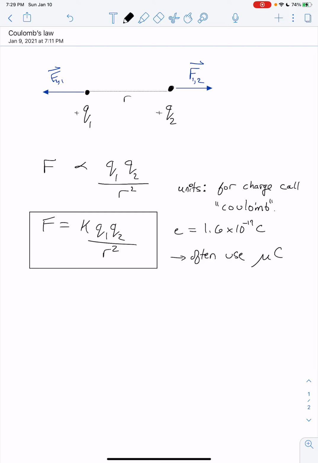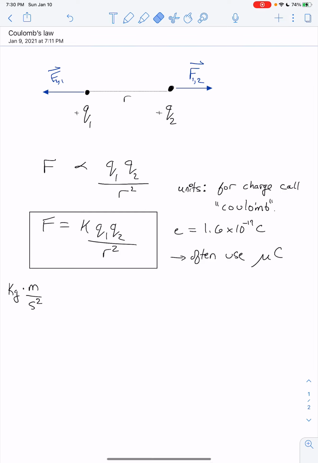Now, units in terms of this constant: we've got standard units for force and for distance, and we can define this one for coulombs, for charge. But what units do we need in that constant value? We know force is equal to ma, so the units are kilograms times meters per second squared.